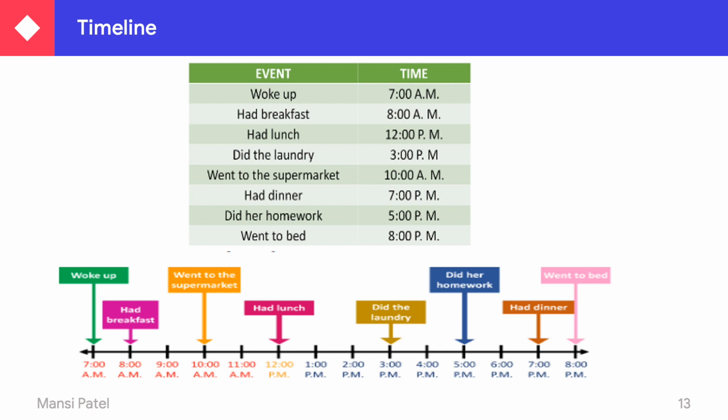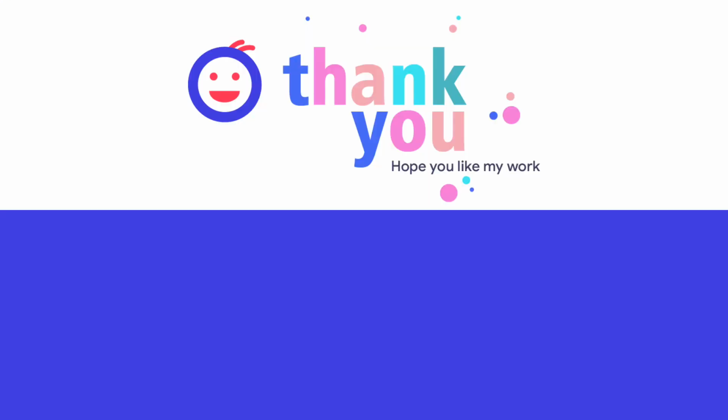When you see 3 p.m., write down did the laundry. Then did her homework, so write that down at 5 o'clock. Then at 7 o'clock had dinner, and at 8 o'clock went to bed. So this is known as a timeline, and like this you have to represent all these things. Thank you. I hope you all understand these things.